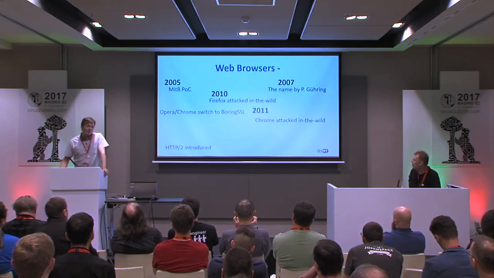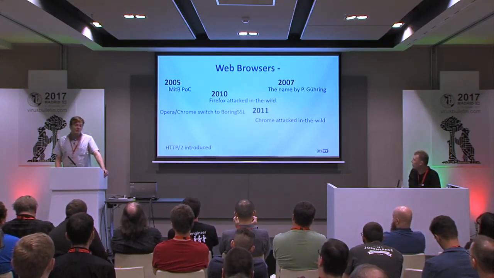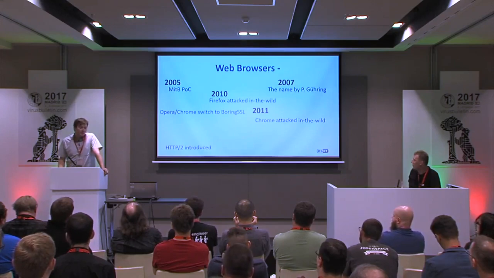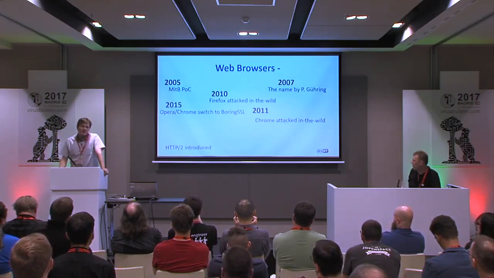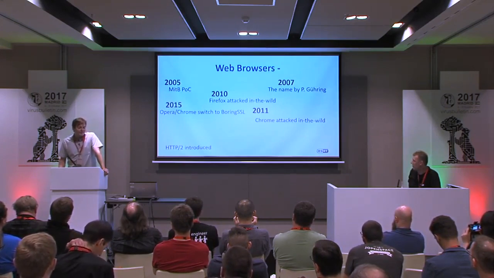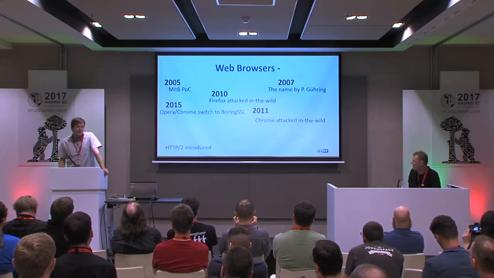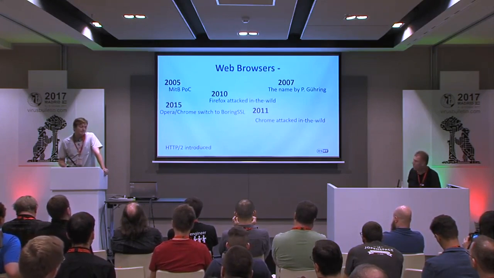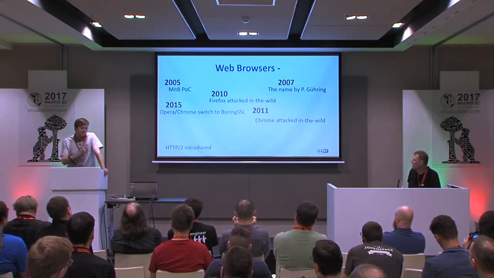One year later, also Chrome got its moment of attention. So, first MITB against Chrome. However, implementations from those times do not work nowadays. One of the reasons, in 2015, Chromium-based projects have switched from the NSS3 implementation of SSL functions to BoringSSL, and the attackers had to re-implement MITBs.